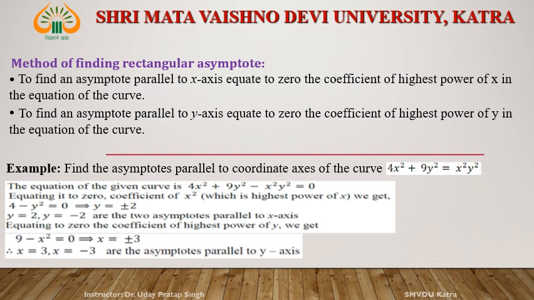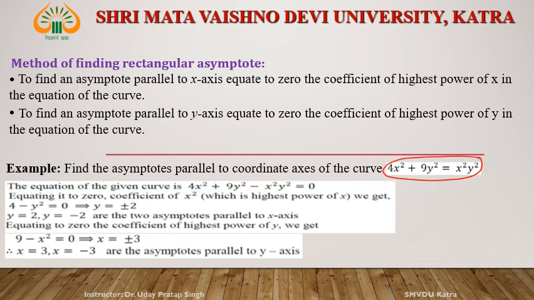See the example. The equation of the curve is given by 4x square plus 9y square equal to x square y square. Now we have to find out the asymptotes, whether rectangular or oblique. First we have to find out the rectangular asymptotes.